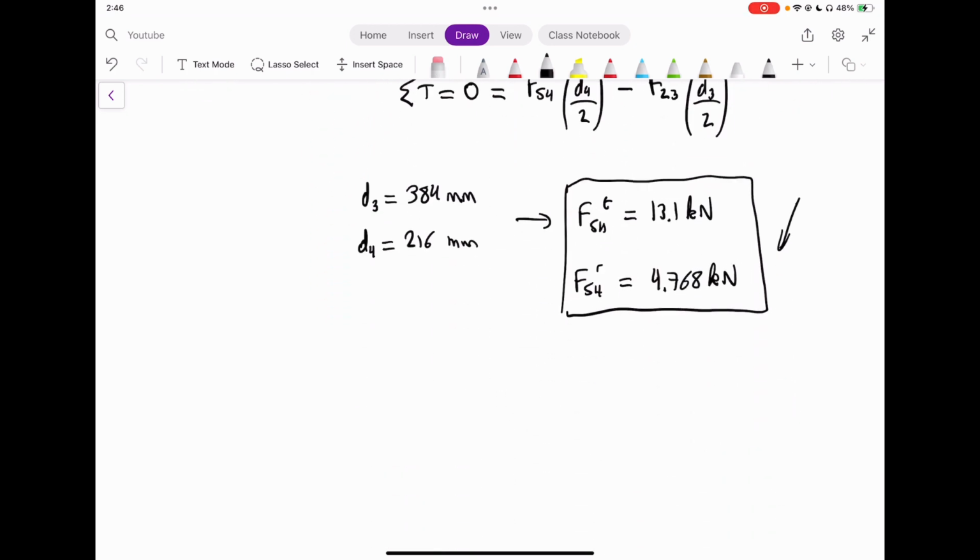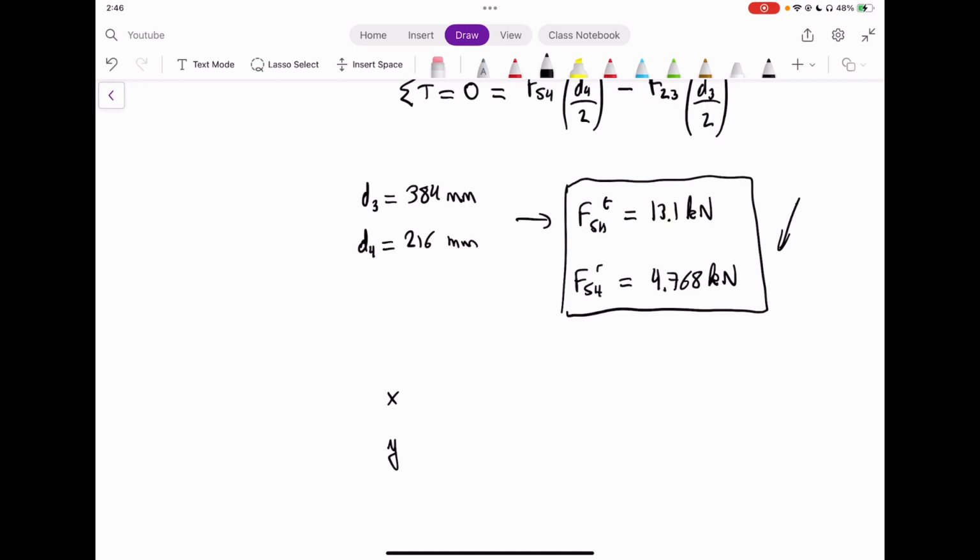So one extra step that you could take is you could sum all the forces in the X and Y direction and find the forces of gear 3 and gear 4 onto the shaft, but they're already kind of found. They're just in tangential and radial form.